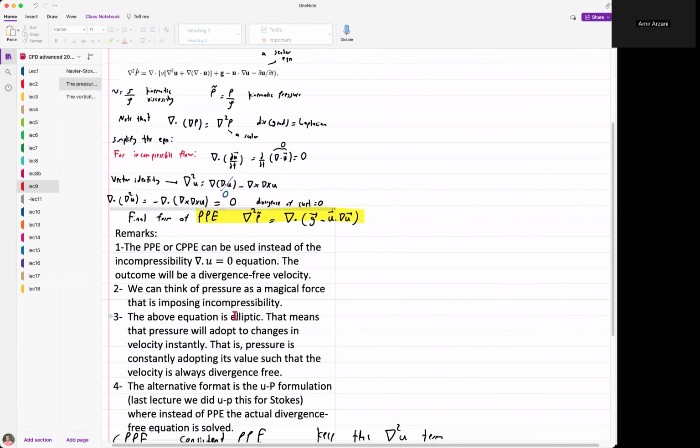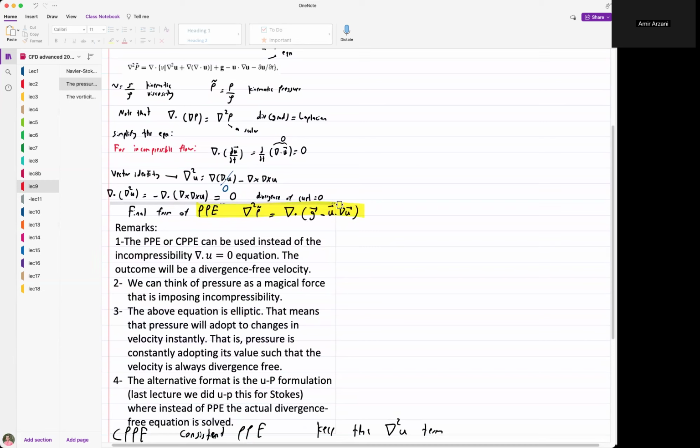And this equation is elliptic, which means that if my velocity field changes at a time step, pressure will instantly respond, right? So everywhere in the flow, pressure will constantly adapt and change such that the velocity is always divergence free. There's no time delay for that. Pressure instantaneously adjusts itself everywhere to ensure that at all times the velocity field is incompressible.